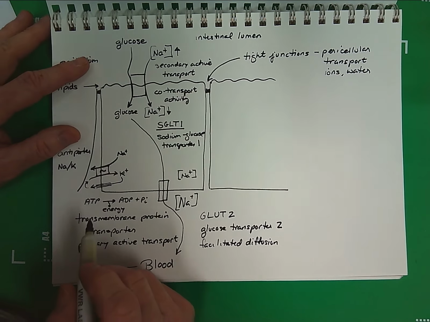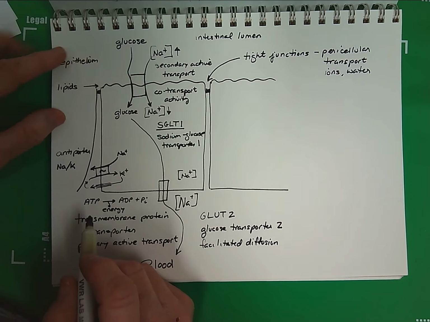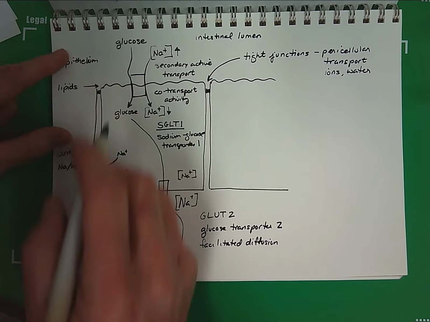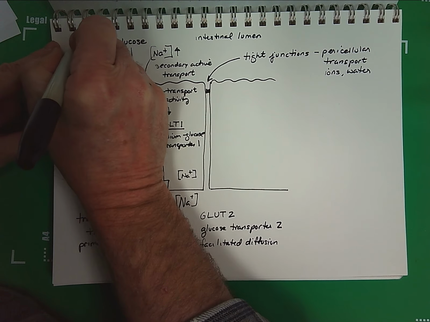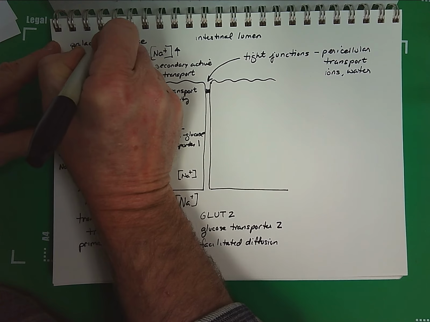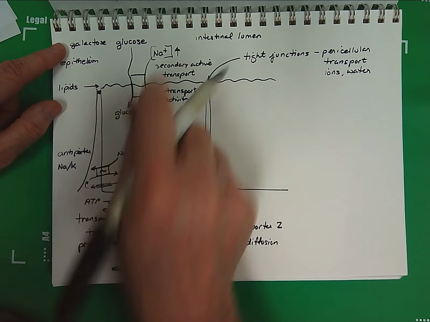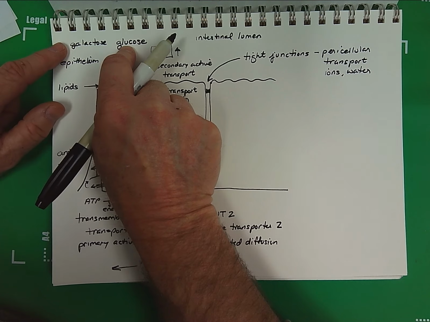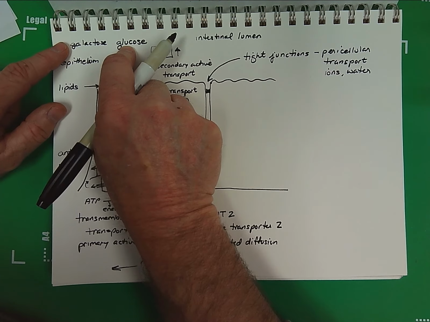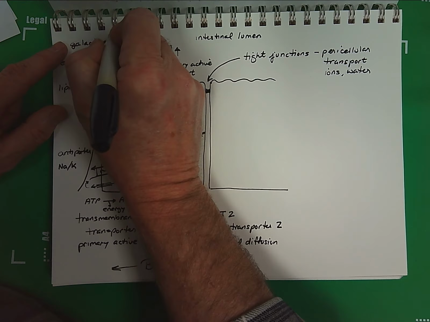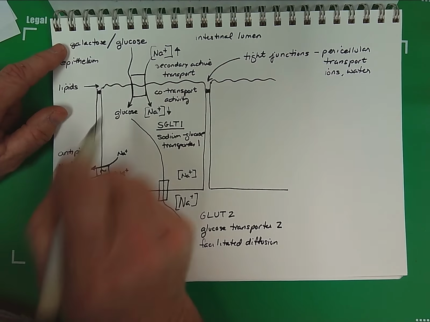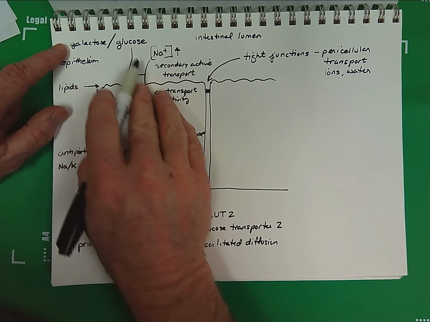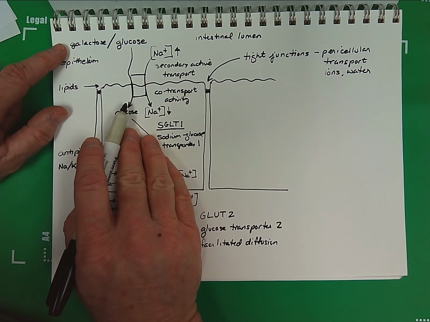Now, if you recall the structure of glucose, you'll notice that it is very similar in structure to galactose. In fact, glucose and galactose are epimers. There's just one difference in the axial positioning of a hydroxyl group. So therefore, because these two look so similar, galactose will follow the same path as glucose.